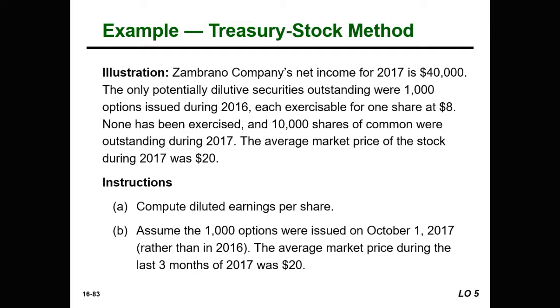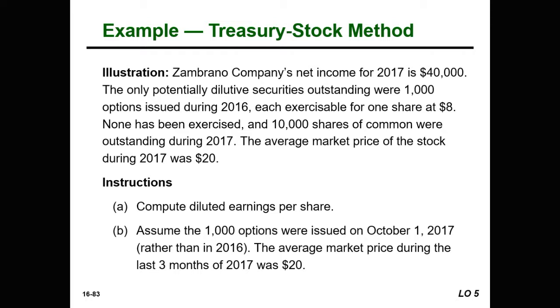We're going to use the treasury stock method to compute diluted earnings per share for Part A. And then for Part B, we're going to assume the 1,000 options were issued in October of 2017 rather than in 2016. And that the average market price during the last 3 months of 2017 was $20. So we're doing one for the entire period, and then we're going to do one as if it happened during the year.